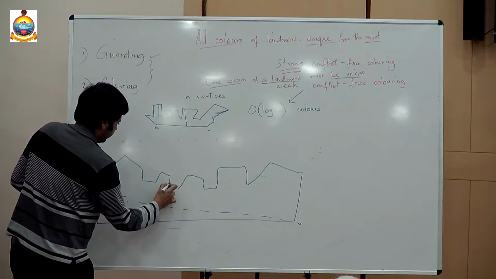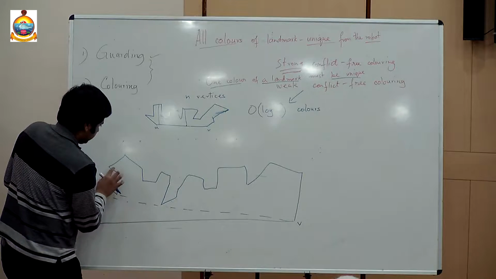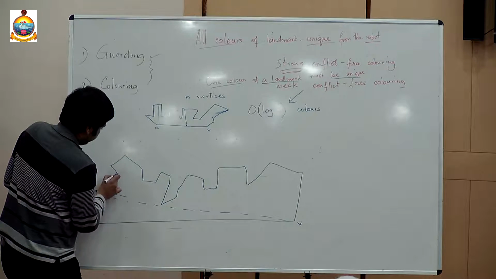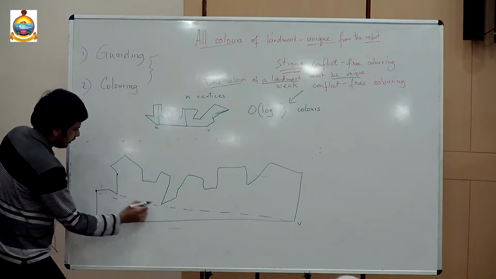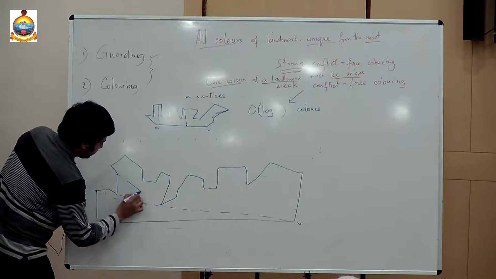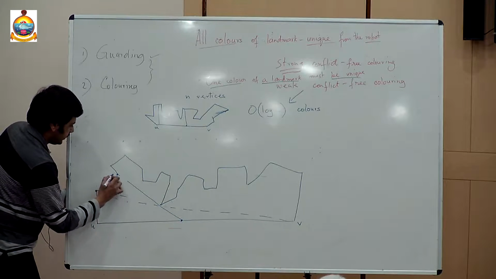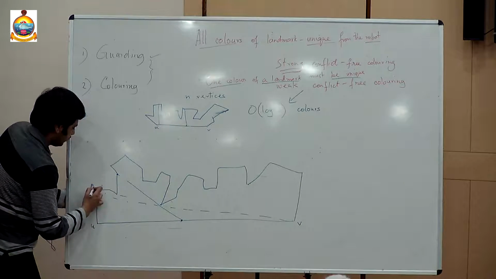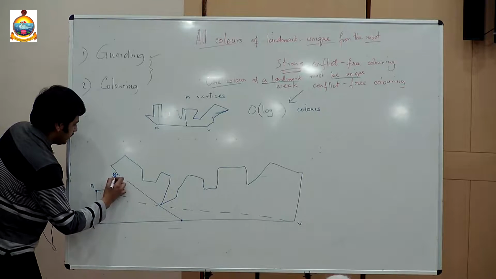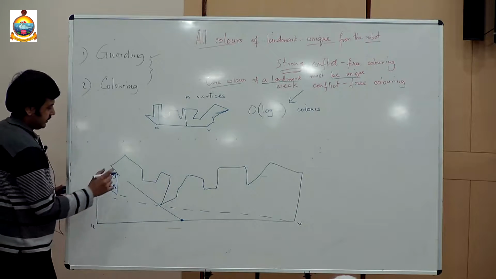Let us make this more interesting actually. For this vertex here, this here acts as a blocker, and this is the last point. Let's call this P1, P2, P3. So this is the last point on UV that P3 sees.